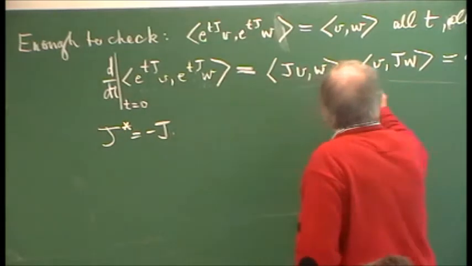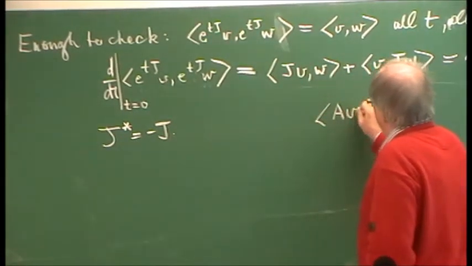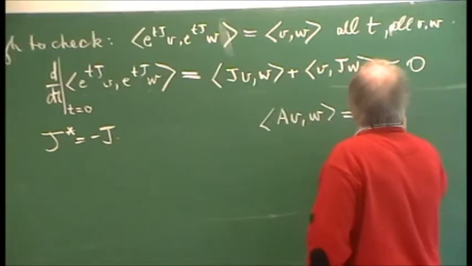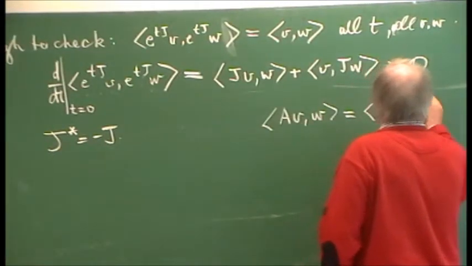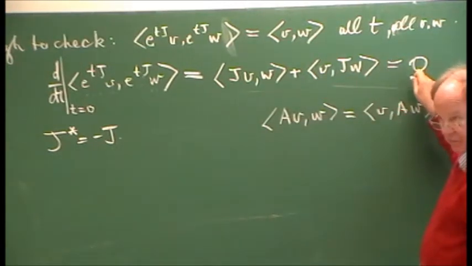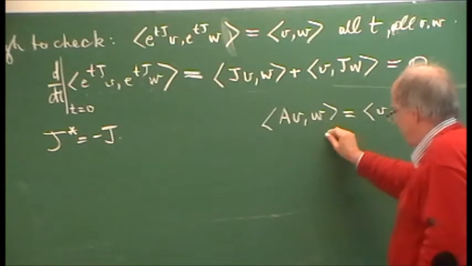you know self-adjoint operators, what is a self-adjoint operator? Self-adjoint means <Av, w> equals <v, Aw>, and you see here, if I bring this on the other side, it's minus. Okay? So that's the statement, this is anti-self-adjoint.